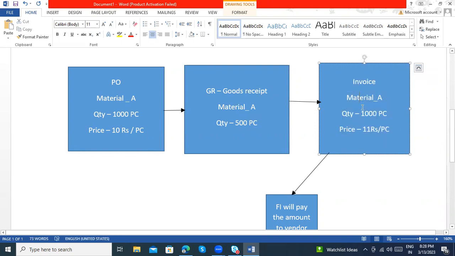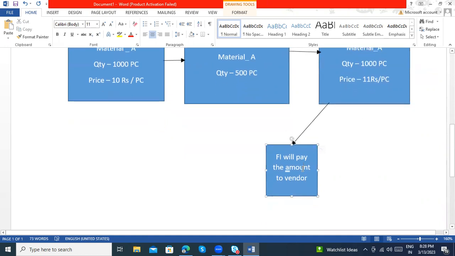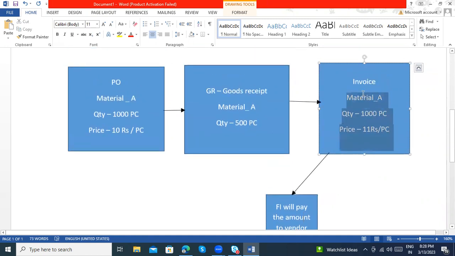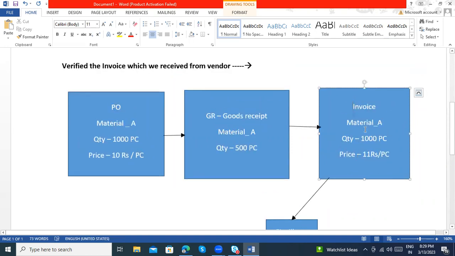They cannot directly pay the amount because there is a mismatch. It needs to be approved separately at a higher level. Boss, this is an incorrect price and this is an incorrect quantity. There is a quantity variation and a price variation, so this invoice is blocked. You cannot pay the amount immediately.